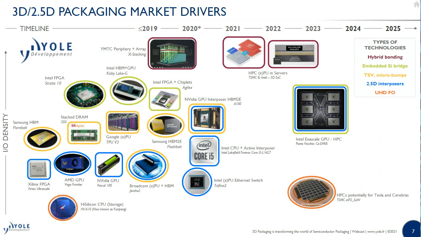I'd like to further touch on the market drivers for 3D 2.5D packaging. This really includes the adoption of the cloud and edge computing. As you can see the timeline from the left to the right, we have the I/O density on the Y scale, illustrating the different technology brackets allocated color in the legends on the right to further show how this evolution comes about.